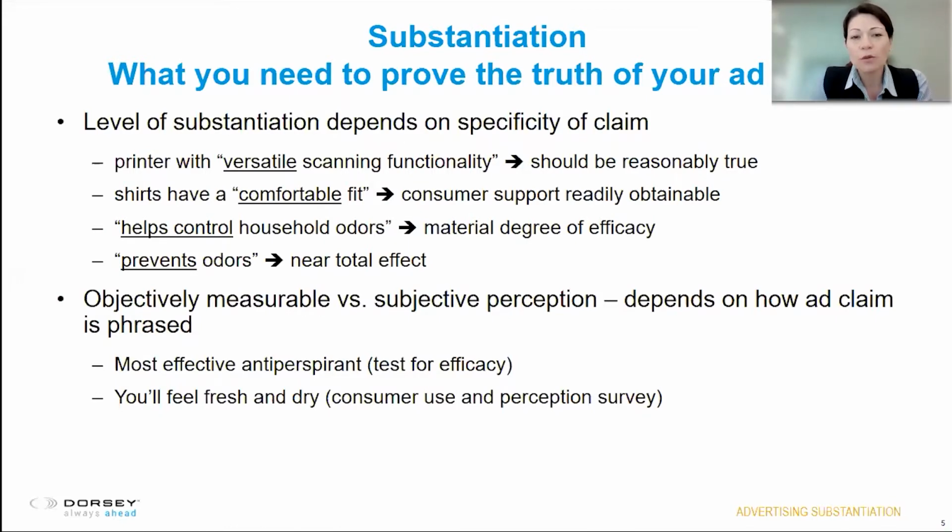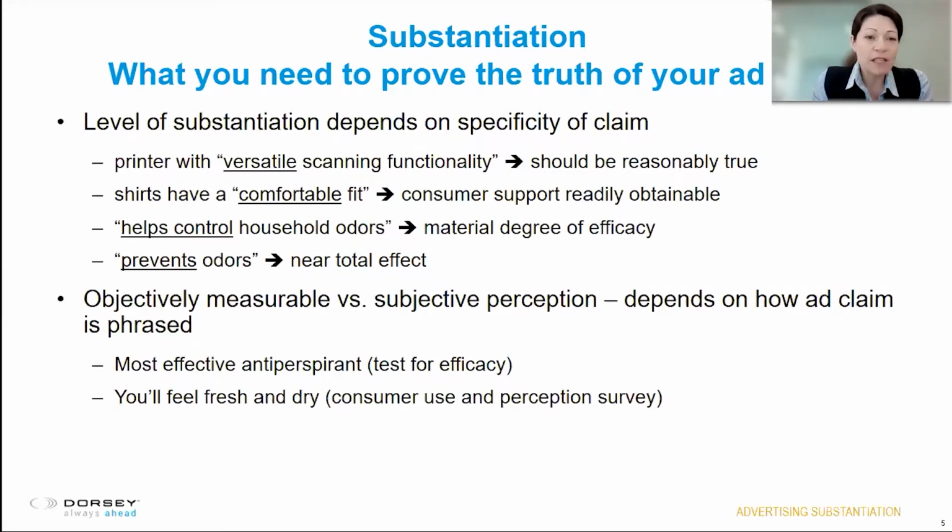Helps control household odors. Here we're getting into a more specific and stronger claim, and this requires a material degree of efficacy. And then prevents odors, obviously a much stronger claim than the first one in this lineup. And you need research studies that show a near total effect that the product prevents odors.